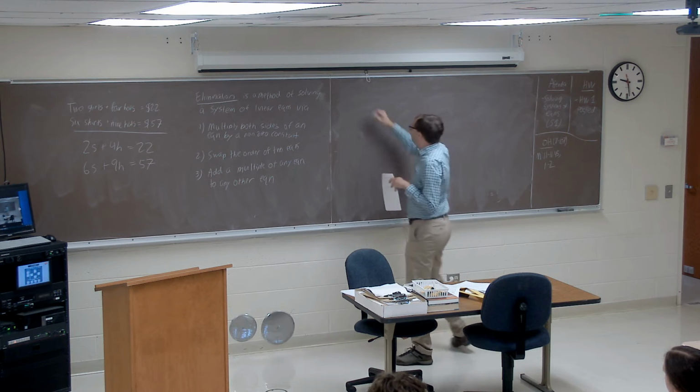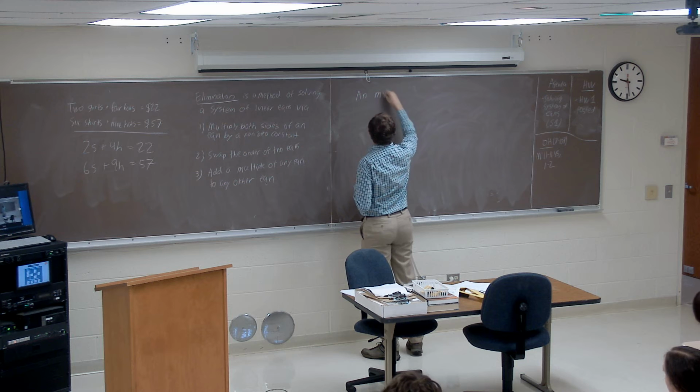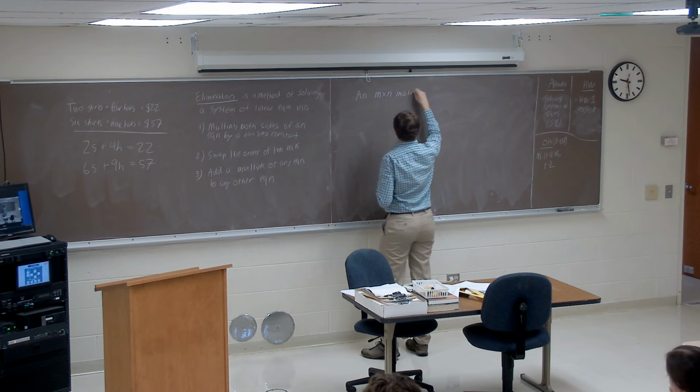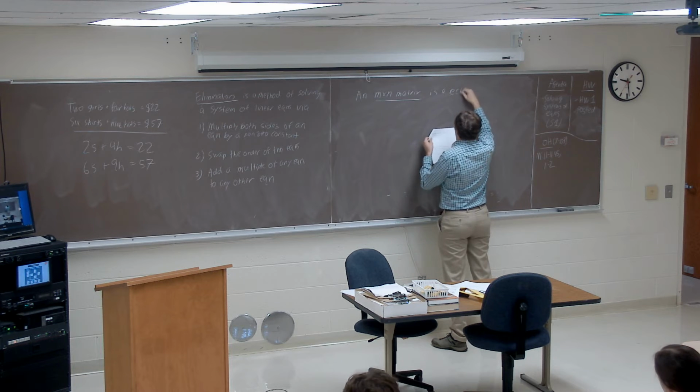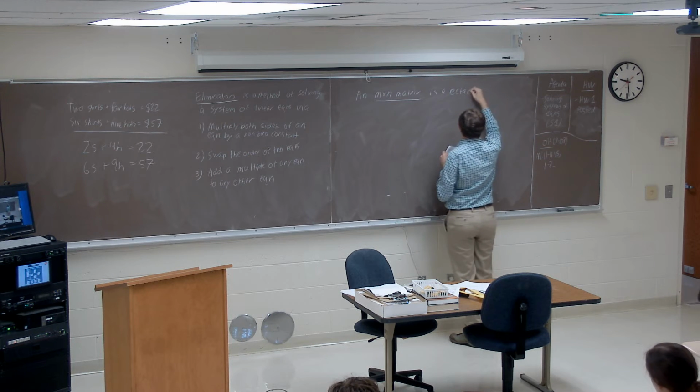I'm going to say that an m by n matrix is a rectangular array of numbers with m rows and n columns.